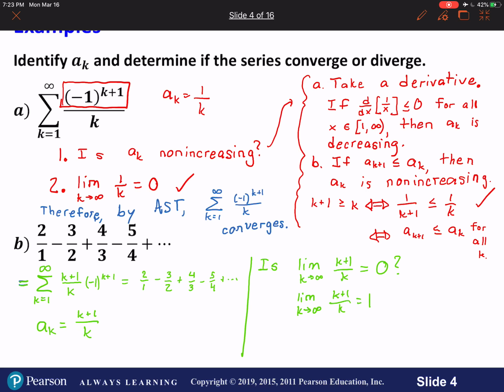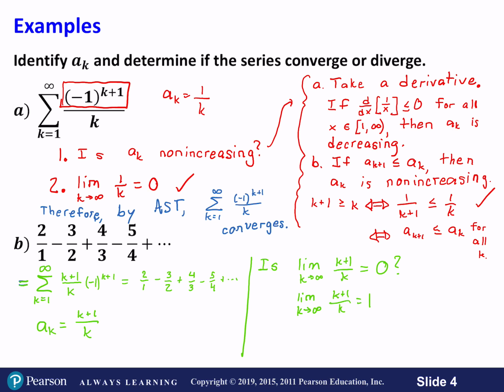Since it's equal to 1, the idea is that rather than saying that this diverges by the alternating series test, we're actually going to go all the way back to the divergence test that we learned back in section 10.4. And we are going to say that this entire series will diverge.